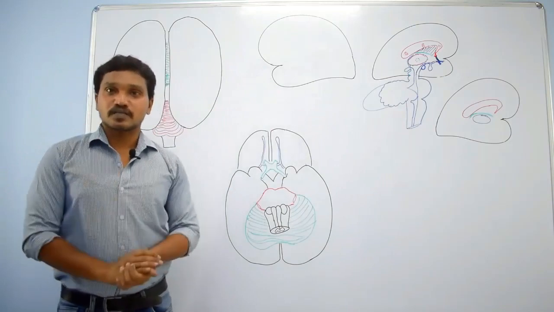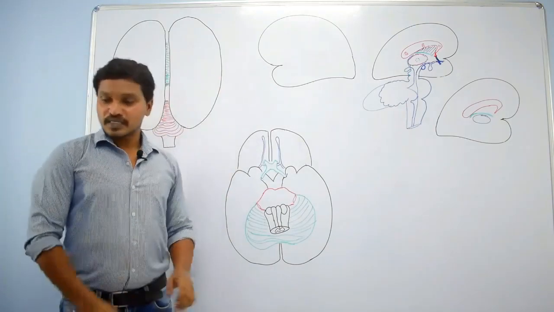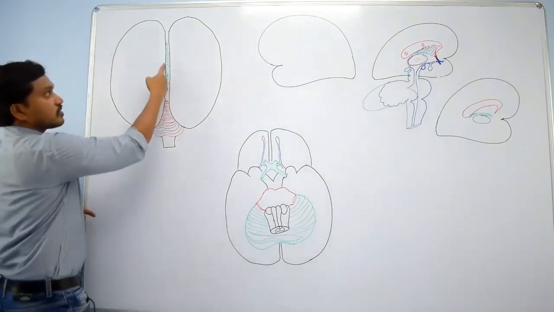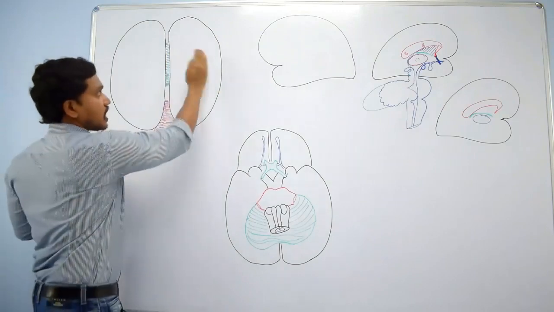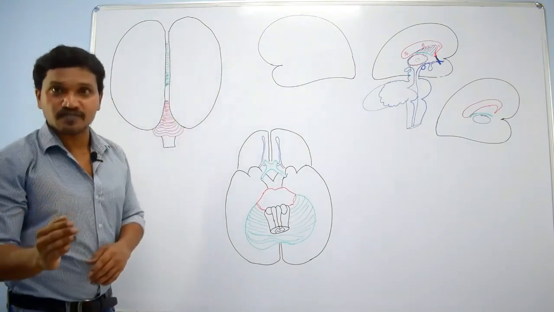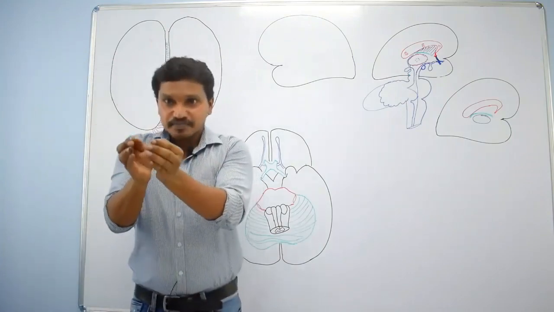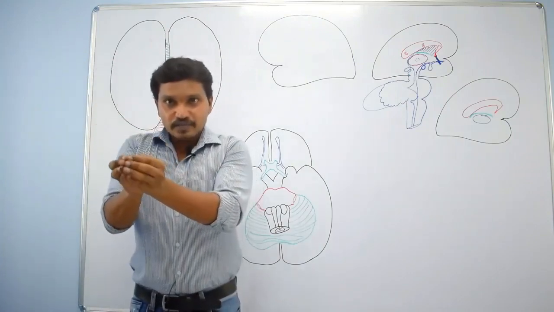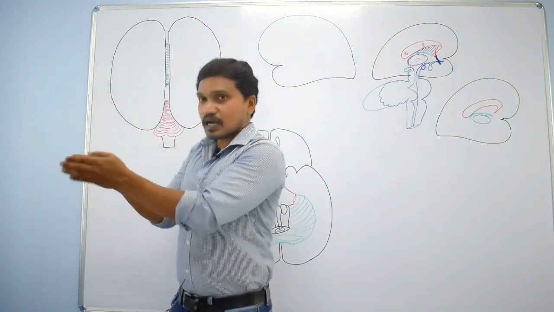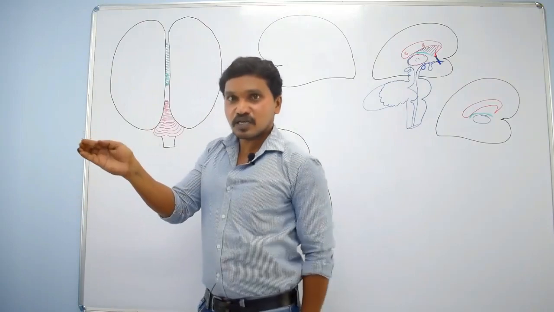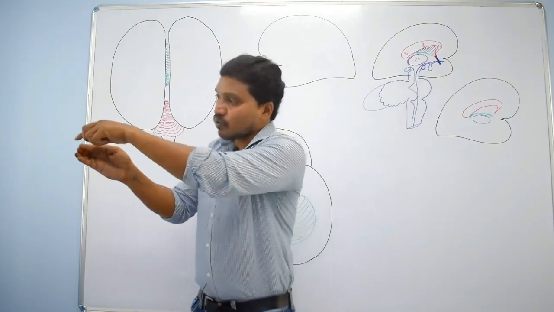Then borders. What are the borders present in the cerebrum? See here, here is a border. This border separates the convex superior lateral surface from the medial surface. Imagine this is the cerebral hemisphere. Now we made a section along the corpus callosum and removed this cerebral hemisphere, that means one hemisphere I have removed. Now what is the border here?